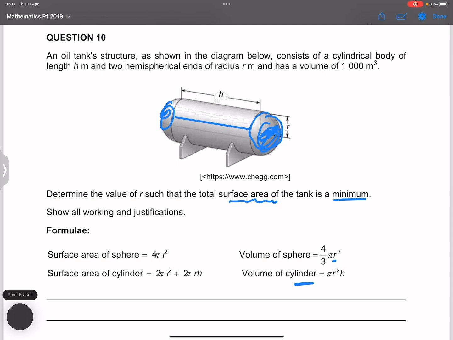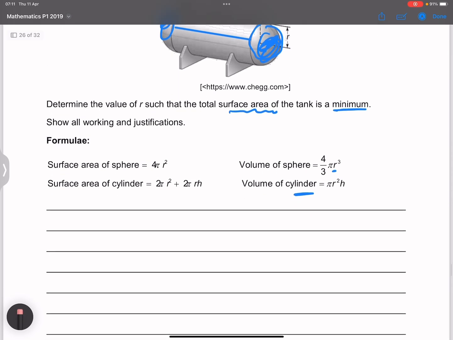So in this case, the total volume will be equal to pi r squared h plus 4 over 3 pi r cubed, but we know this, they said, is equal to 1,000.